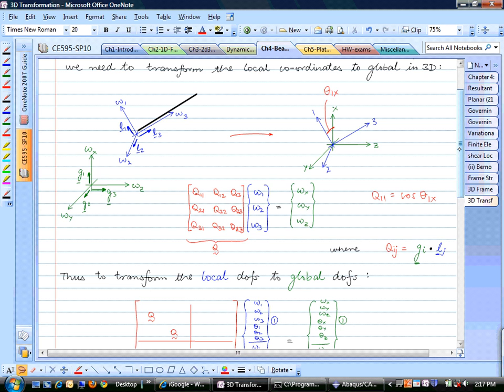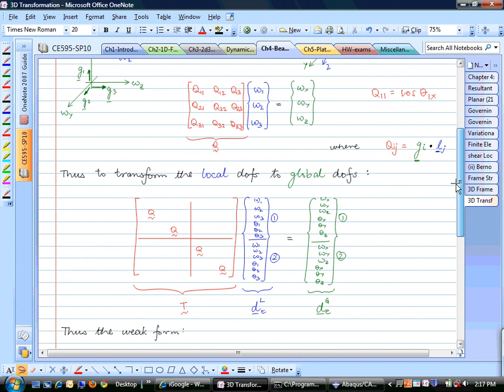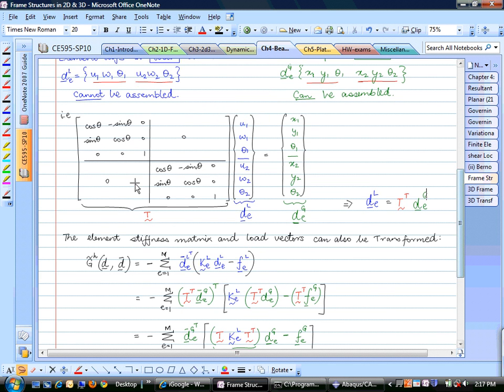And now we can use that to construct the transformation matrix for this 3-dimensional frame element. If you remember what we just did for the 2-dimensional frame element, this was our transformation matrix T. We just have Q and Q here, and these 3 degrees of freedom go here, these 3 degrees of freedom go here.